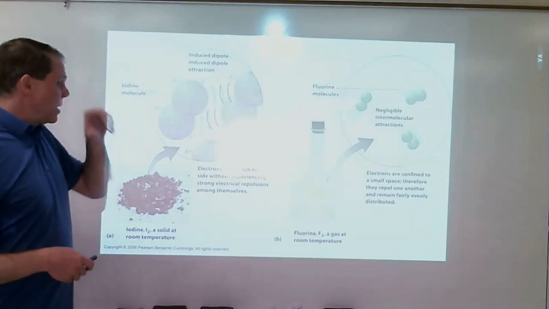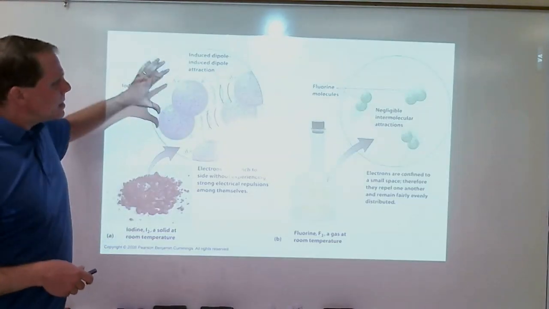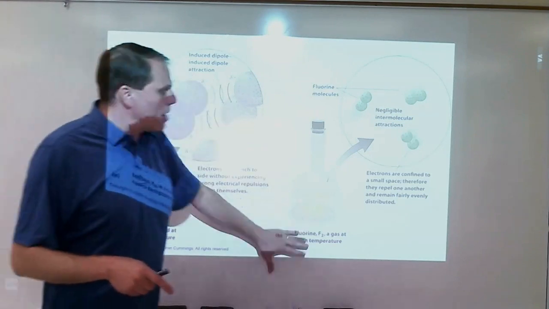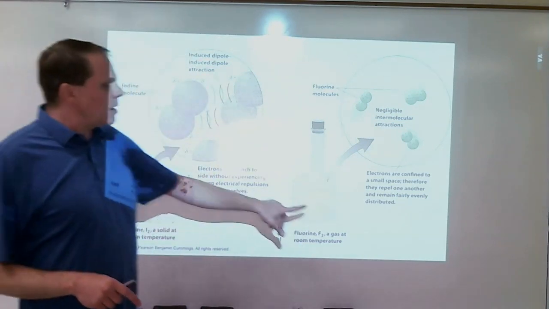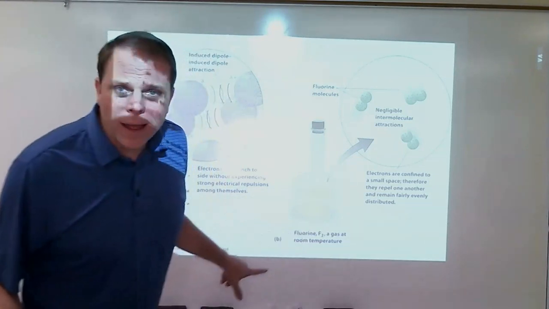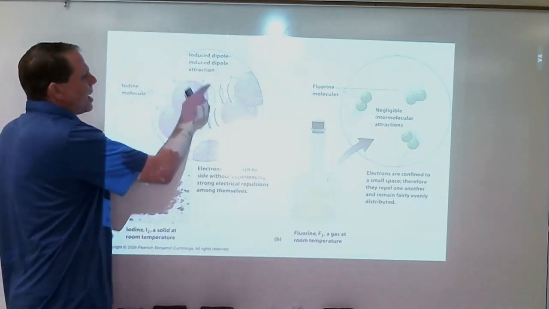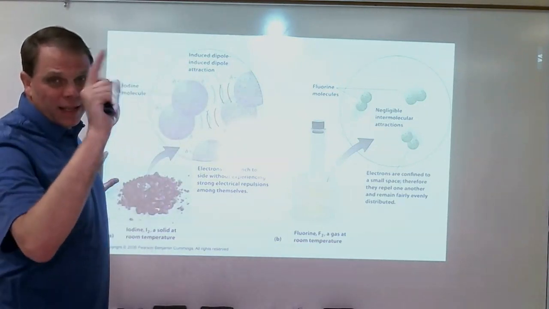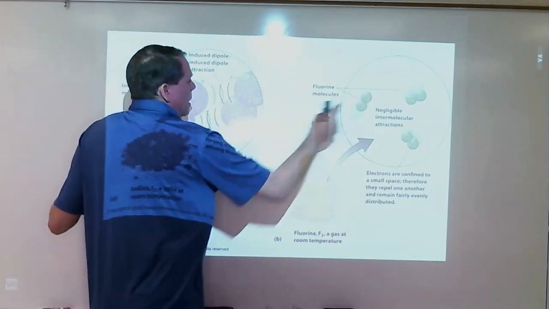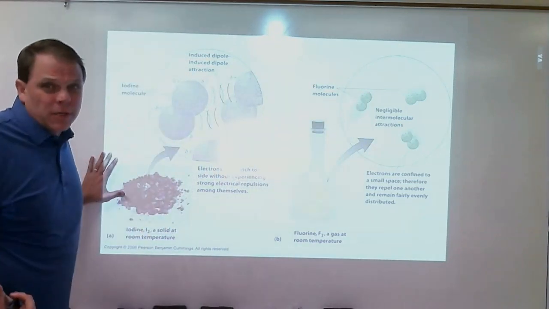This is a fun one. If we look at iodine, what's the difference? They're both halogens. Iodine and fluorine, both halogens. One of them is a solid at room temperature. The other is a gas at room temperature. Why? Well, because iodine has a lot more electrons, 53 electrons compared to 9. So both of them are going to have random distributions of electrons.